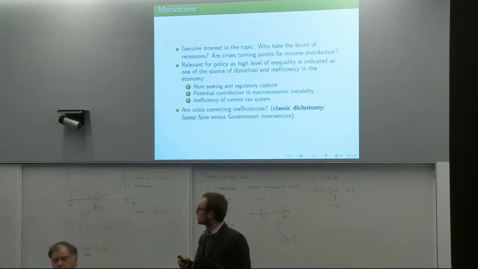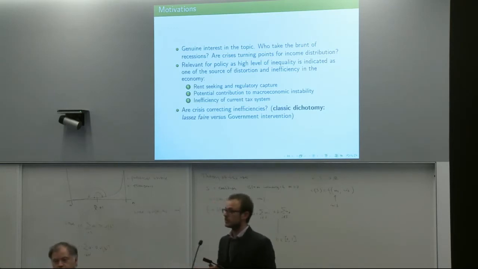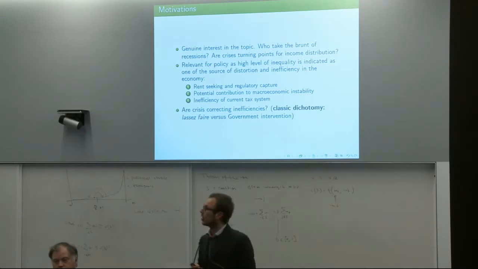But as we said before, we are also more and more concerned about the role of income inequality as one of the main drivers of instability, inefficiency, and distortion in the economy.